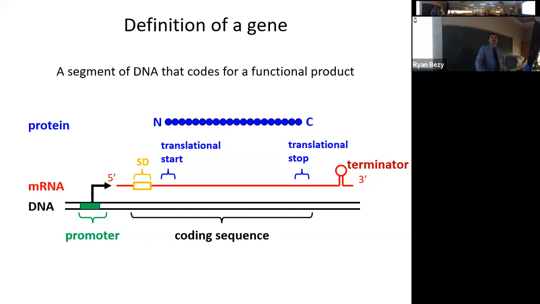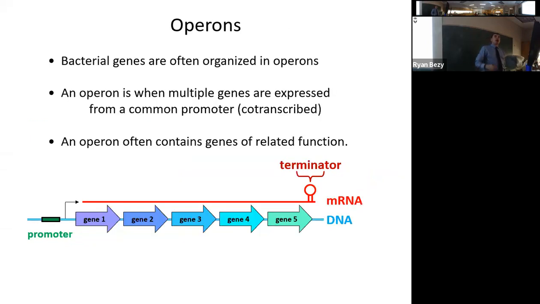One thing I want to point out though, is when it comes to prokaryotes, often their genes are also organized in what are called operons. Prokaryotic genes, really. Genes are often organized into operons, not always, but often are.